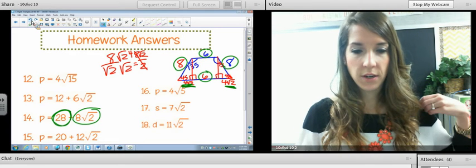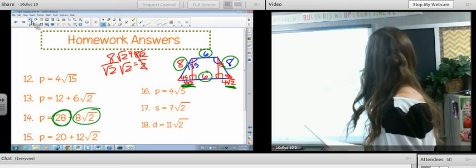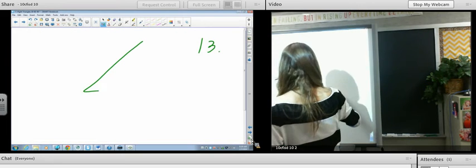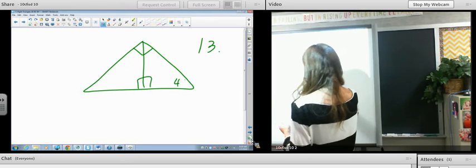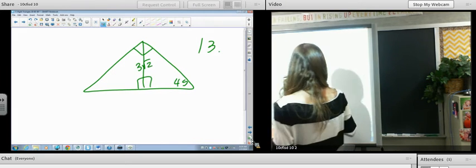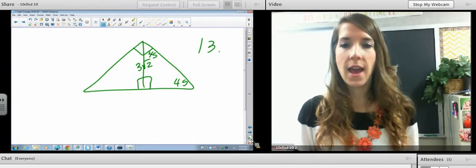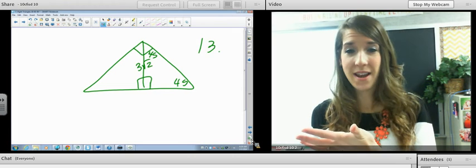Okay, now I'm going to do number 13. Number 13. 45 and 3 root 2. So remember, our rule is x root 2. And we're used to the root 2 being across from the 90.